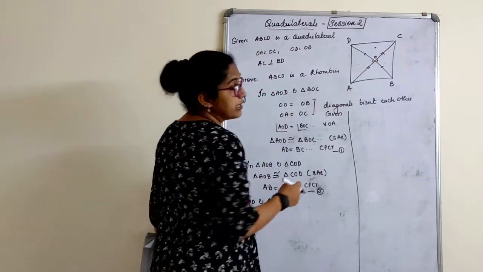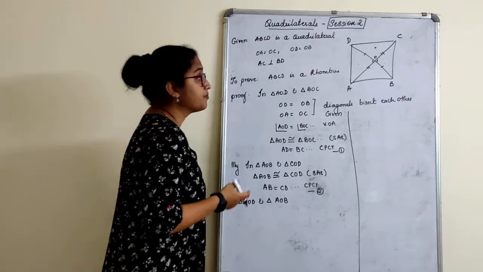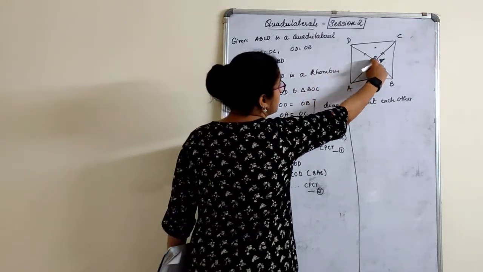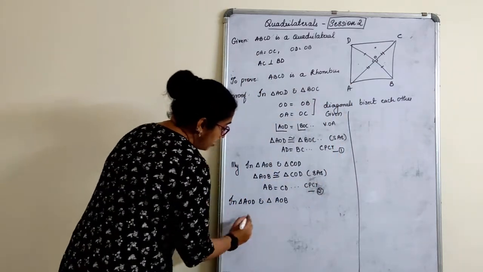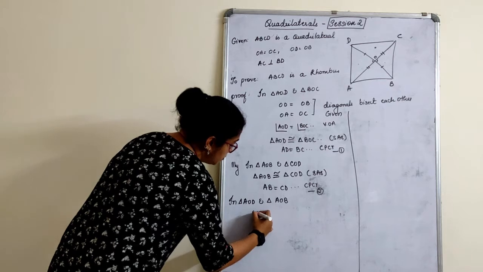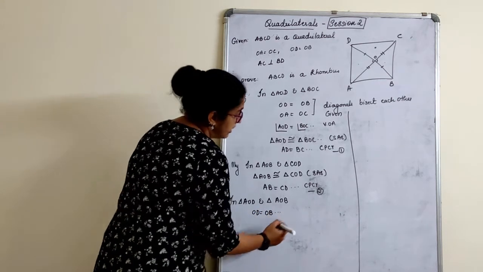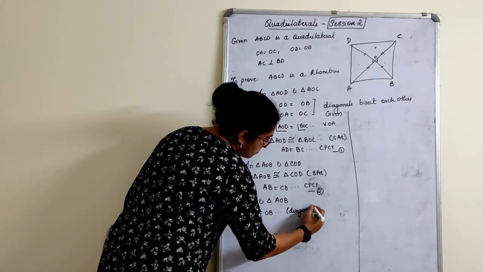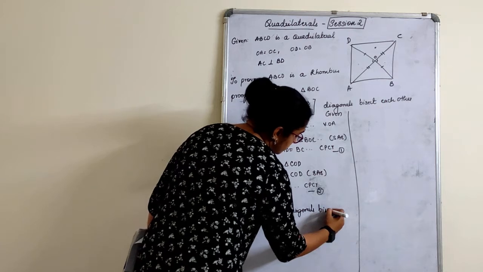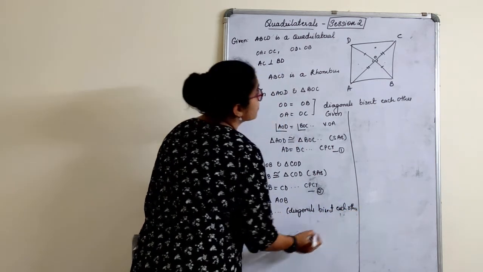This angle is equal to this angle, 90 degree, which rule? SAS only again. Not by hypotenuse because if this is 90, this will be the hypotenuse. It will not come. So stick to this. OD is equal to OB. Diagonals bisect each other. Okay.